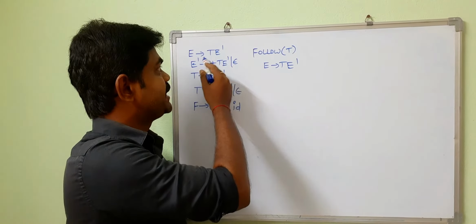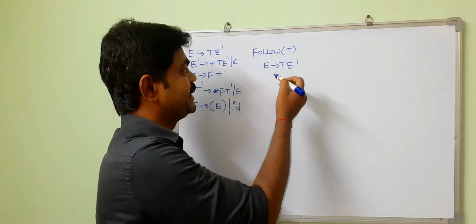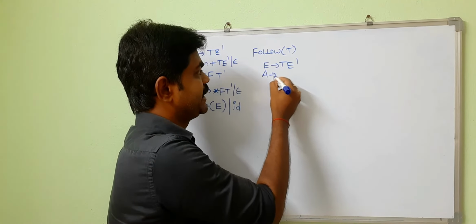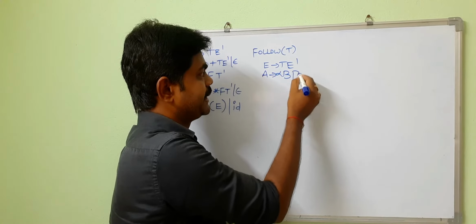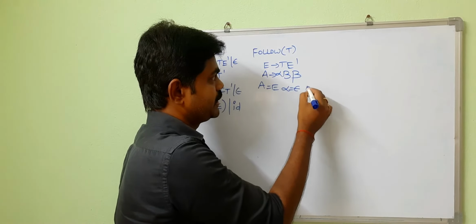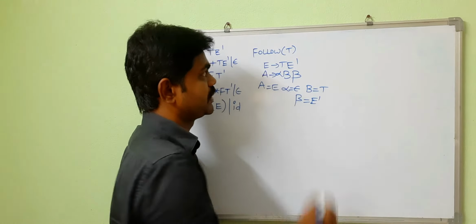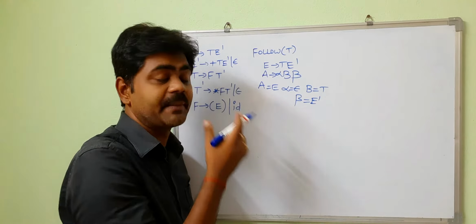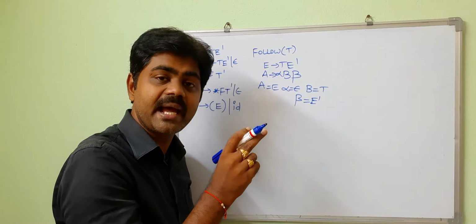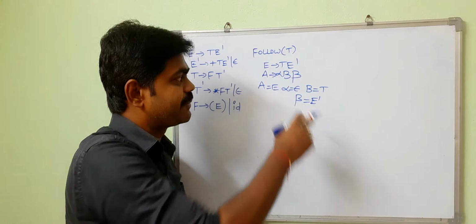Again we have two rules here, E tends to T E dash, and E dash tends to plus T E dash or epsilon. First we'll take E tends to T E dash. Substitute with A tends to alpha B beta. Now A equal to E, alpha equal to epsilon, B equal to T, beta equal to E dash. That means after T we have a non-terminal, so that's the reason alpha becomes epsilon.